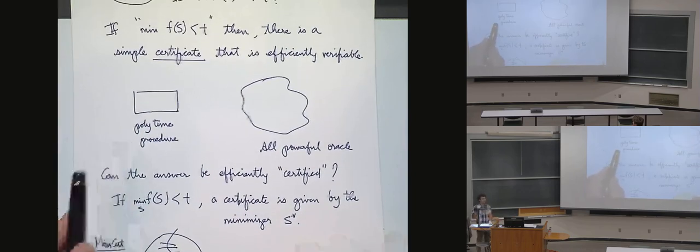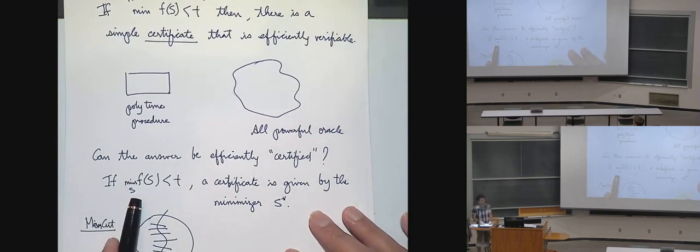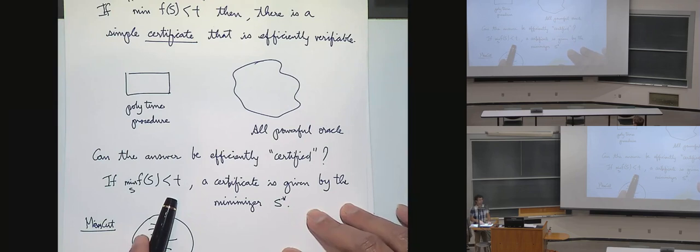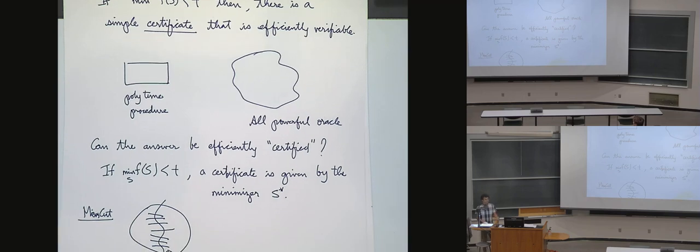Now, maybe you don't know how to do this. But if the min was less than t, could you be convinced of that in some way? And an easy way to convince you is someone actually gave you the cut that does this minimization. Does that make sense?